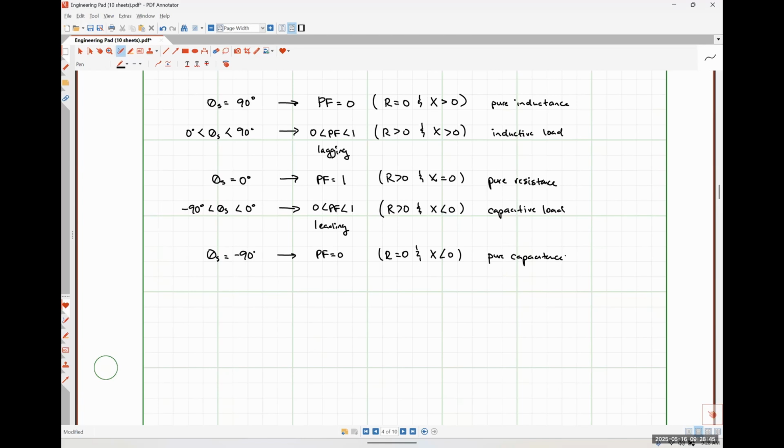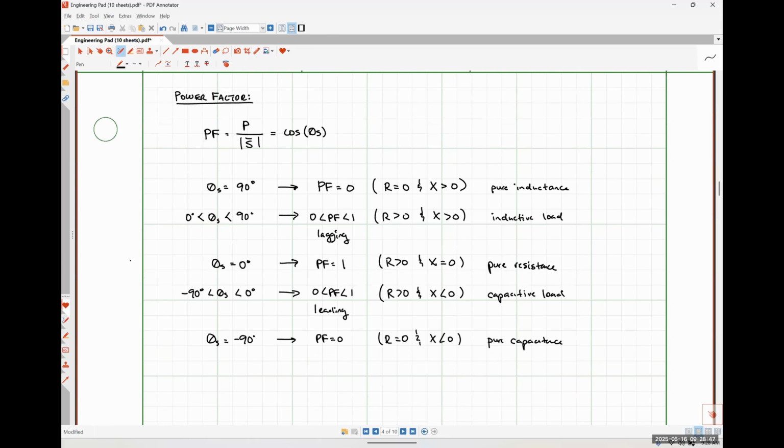So what I'm expecting from you guys to really glean from this, the important highlights, is essentially whenever your power factor angle is positive, you know that your power factor is lagging. Whenever your power factor angle is negative, you know that your power factor is leading. And to calculate your power factor, it's literally just cosine of theta S. Okay.